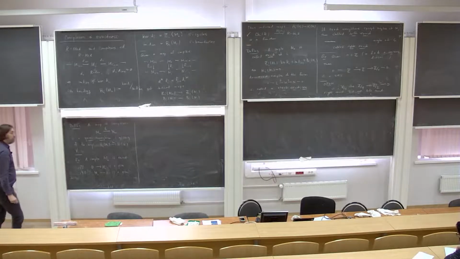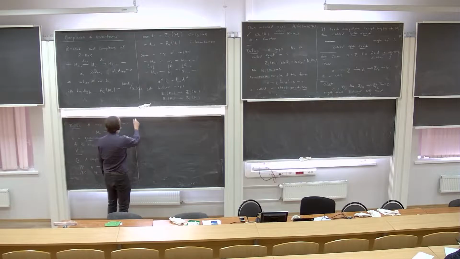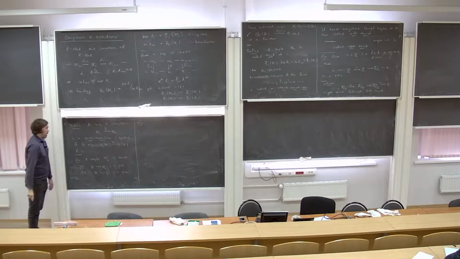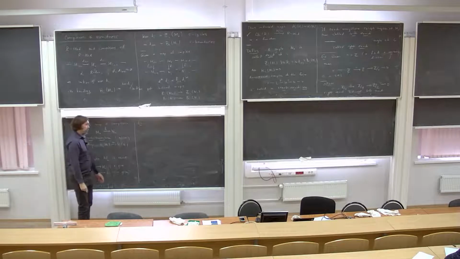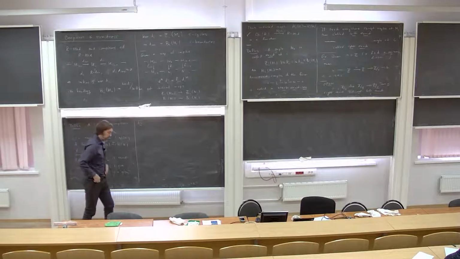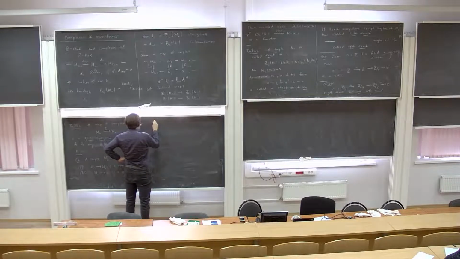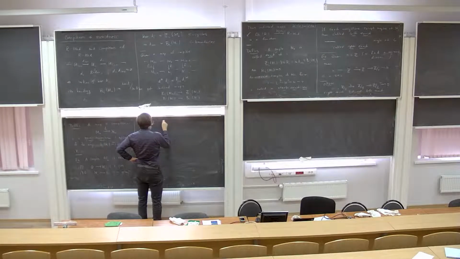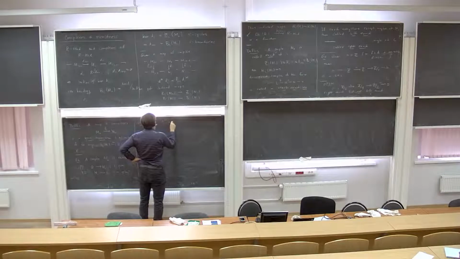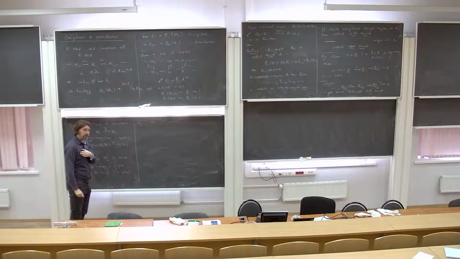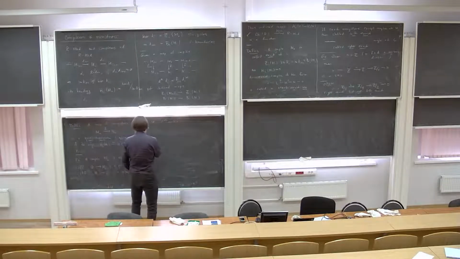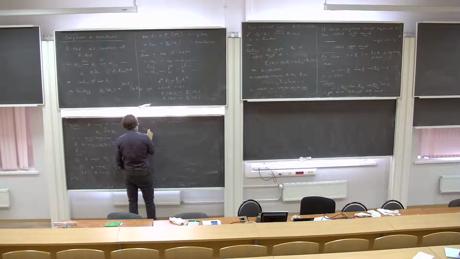For people who know a bit about differential forms, if you haven't learned so much about differential forms yet, don't worry about it, but this is a very important example. So if M is, say, a C infinity manifold, then there's a complex of differential forms, the de Rham complex.